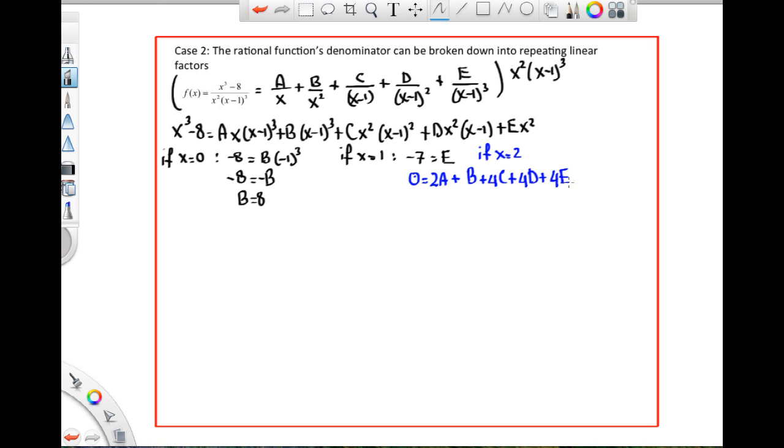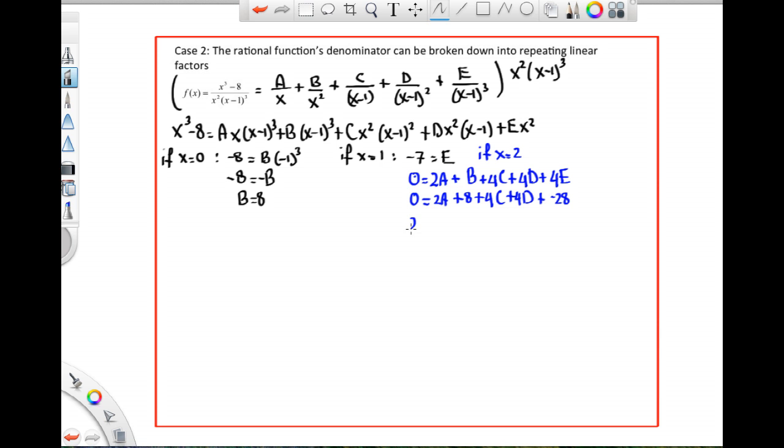Now keep in mind that we know that b is 8, so I'm going to replace that with an 8. I don't know what c is, I don't know what d is, but I know that e is equal to negative 7. So 4 times a negative 7 is a negative 28. So negative 28 plus 8 is a negative 20.